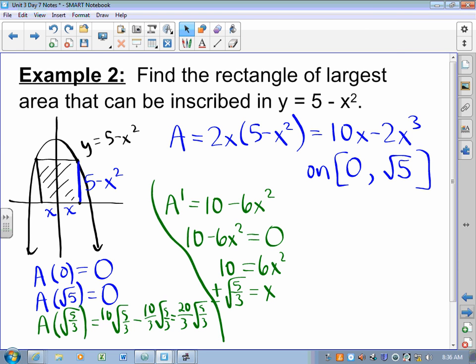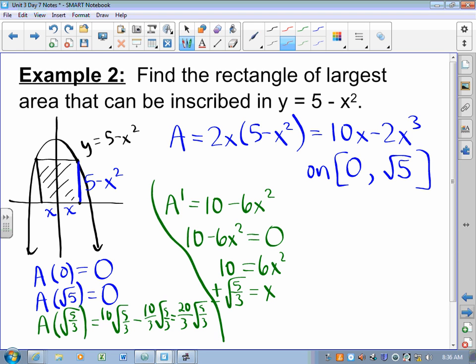Clearly, that number is bigger than 0. So I have an area function on a closed interval. It's a continuous differentiable function on a closed interval, which means it has to have a max and a min on the interval. The min is clearly 0. The max is clearly 20/3 radical 5/3.